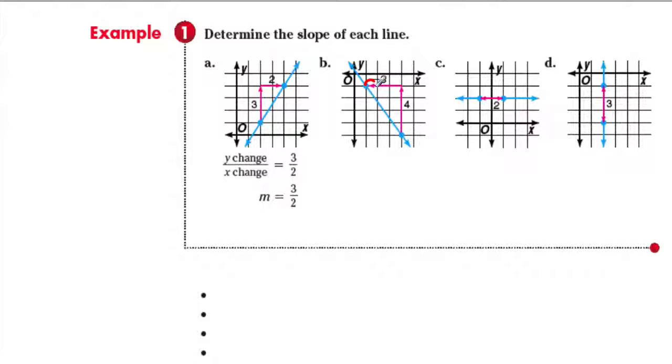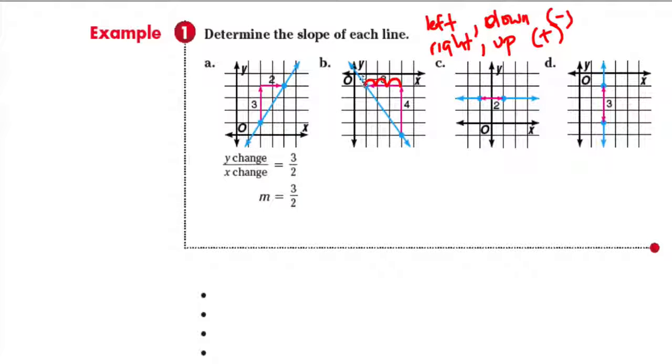Every time you go to the left or down, that results in a negative run or rise. Every time you go to the right or up, that results in a positive run or rise.